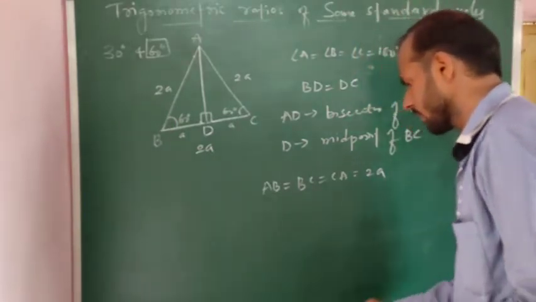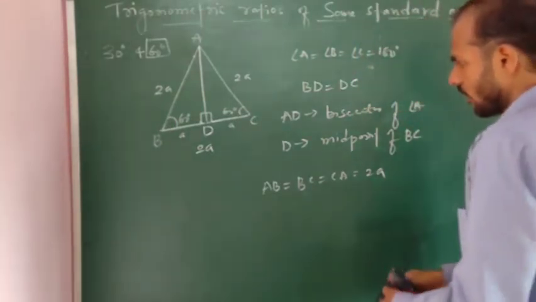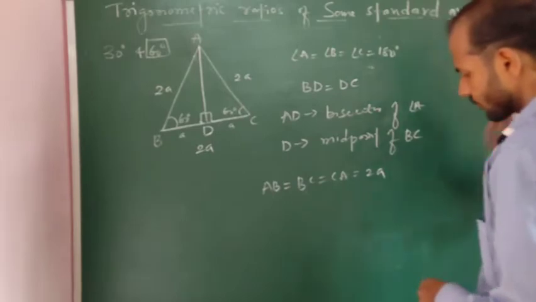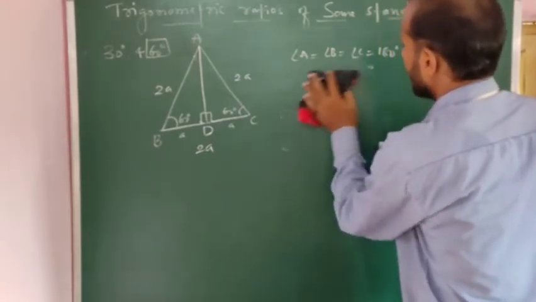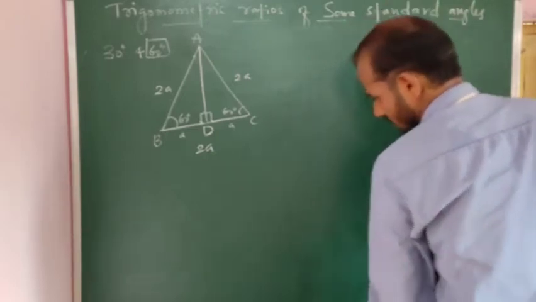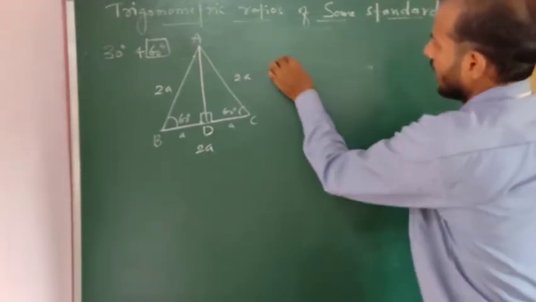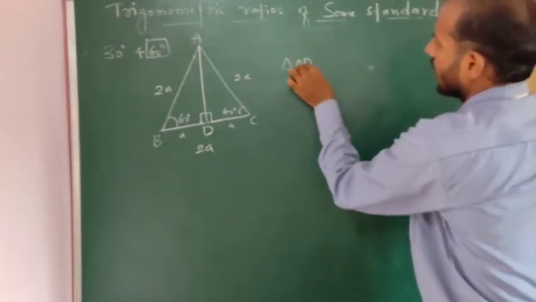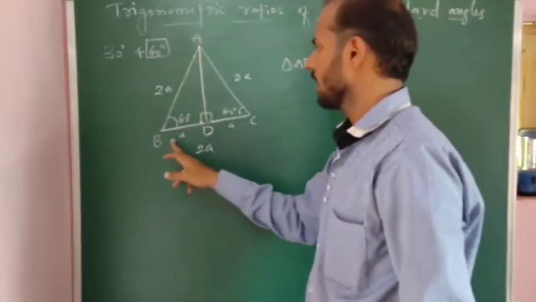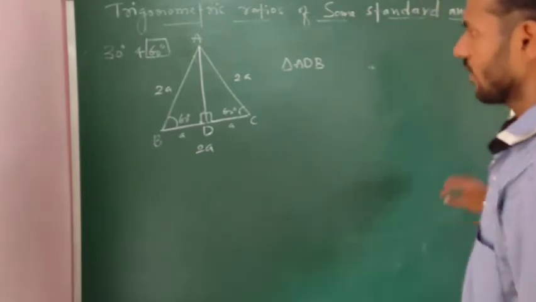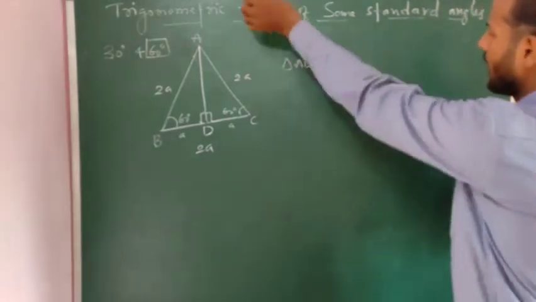You can write a triangle separately here, triangle ADB. Let us consider triangle ADB using the Pythagoras theorem.